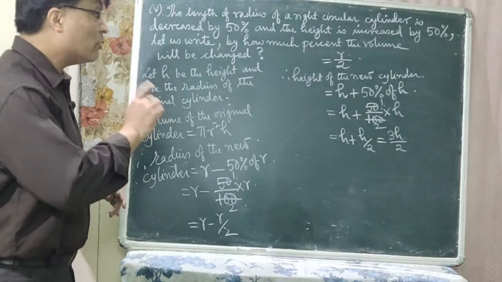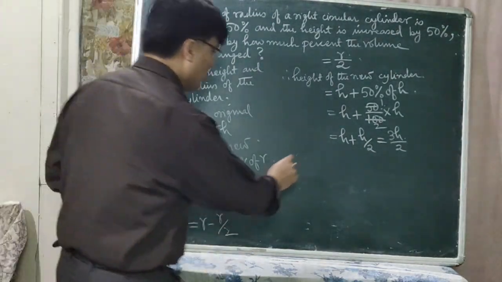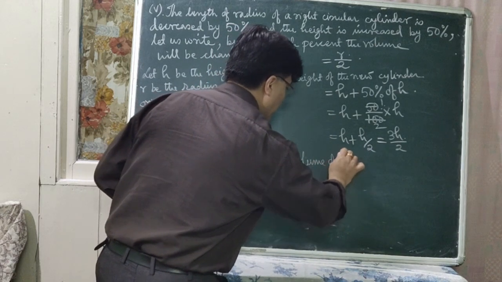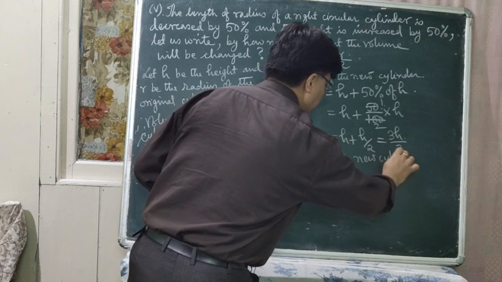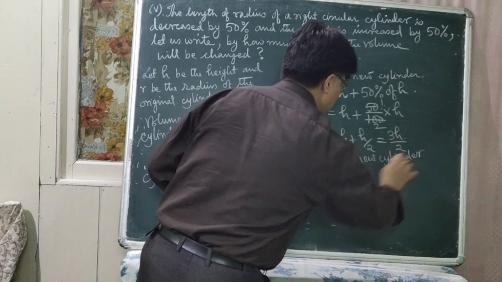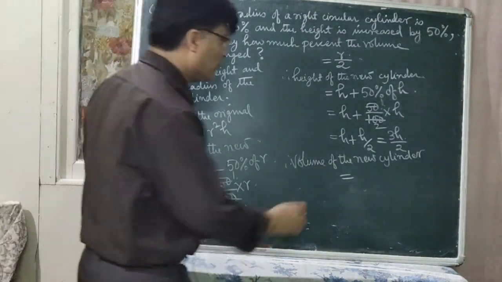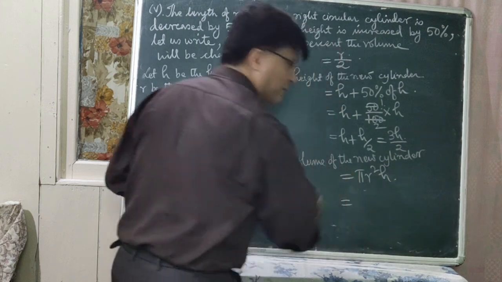Okay. So now let us find out the volume of the new cylinder. Therefore the volume of the new cylinder, first you write down the formula. Volume of the new cylinder is equal to, what is the formula? Formula is pi r square h. Now let us put the value.